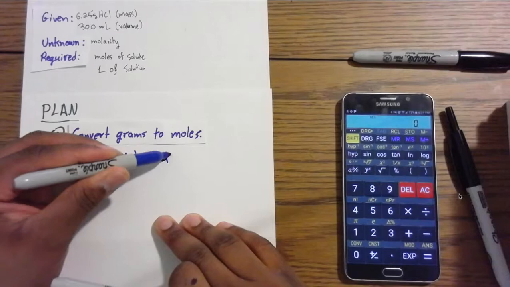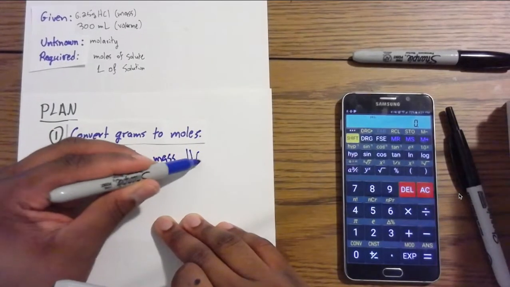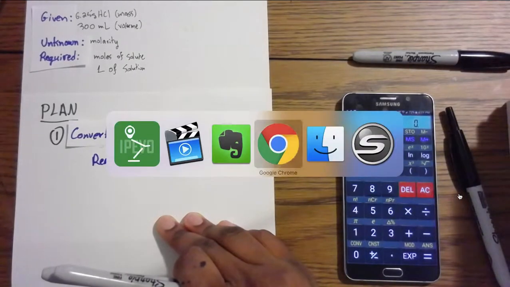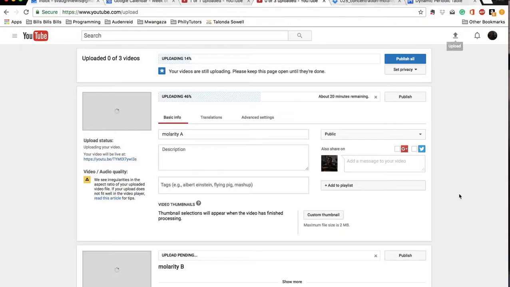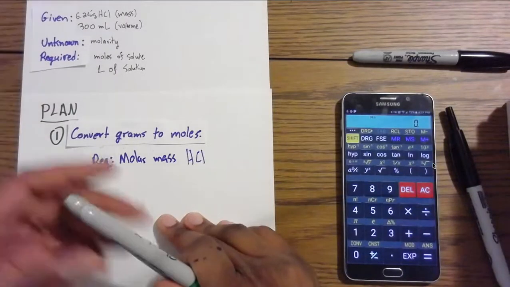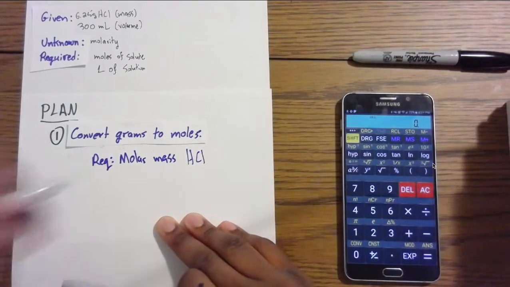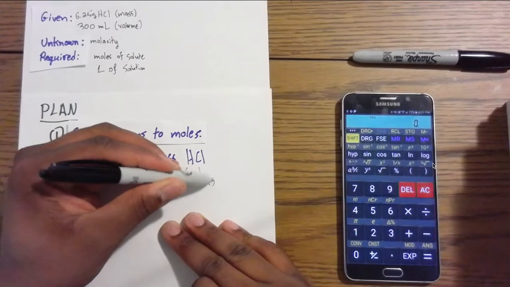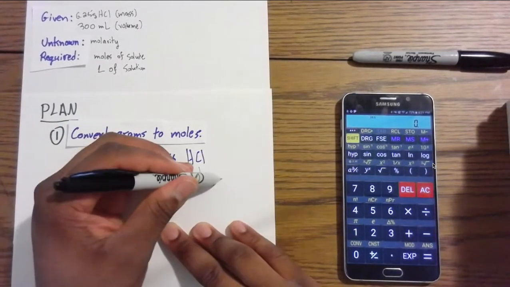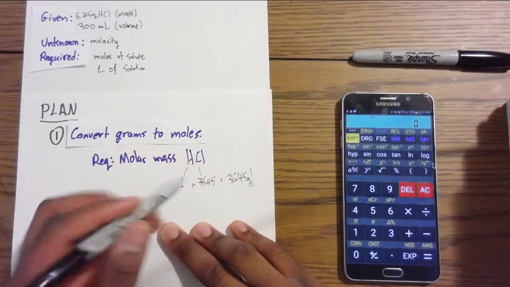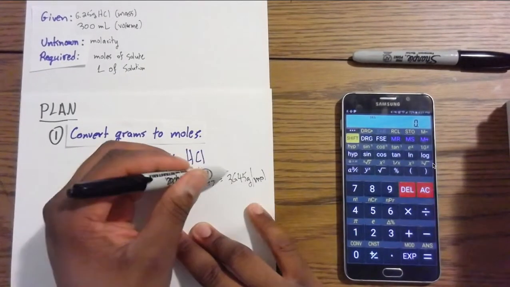We need the molar mass of HCl, and we look on our periodic table and we find that H is 1, Cl is 35.45. So that's fairly straightforward. We add them up. The molar mass is going to be 36.45 grams per mole.